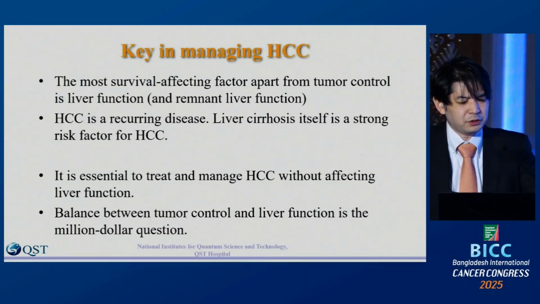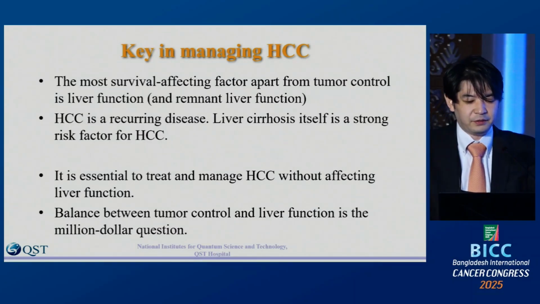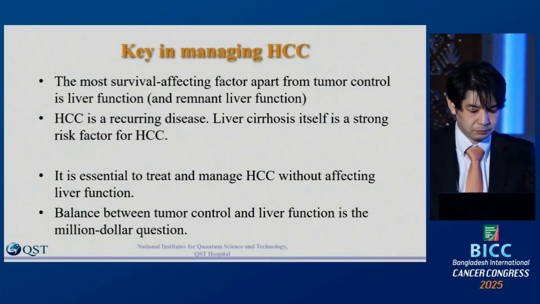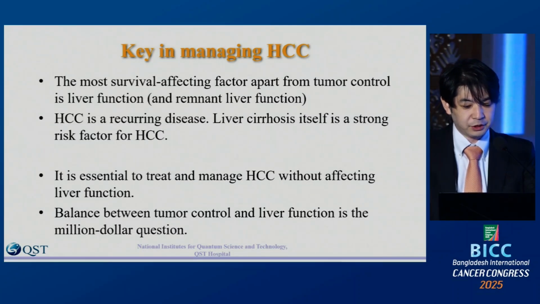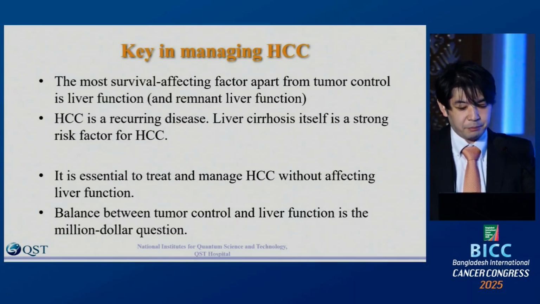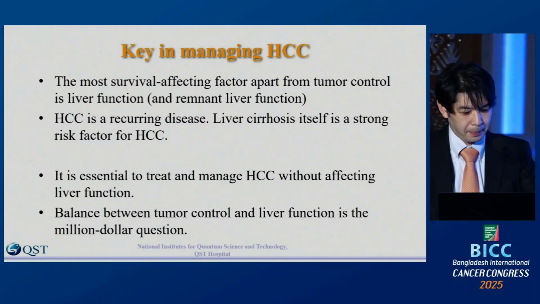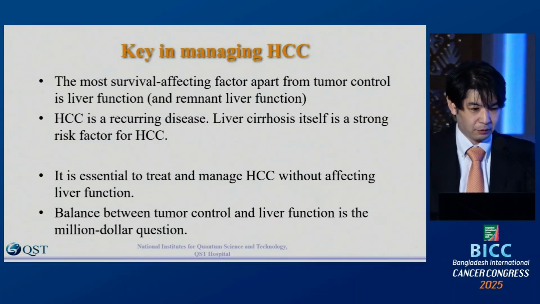The most survival-affecting factor, apart from tumor control, is the liver function, and the remnant liver function. HCC is a recurring disease. Liver cirrhosis itself is a strong risk factor of HCC. So it is essential to treat and manage HCCs without affecting liver function or the functional reserve. The balance between tumor control and liver function is always the million-dollar question.